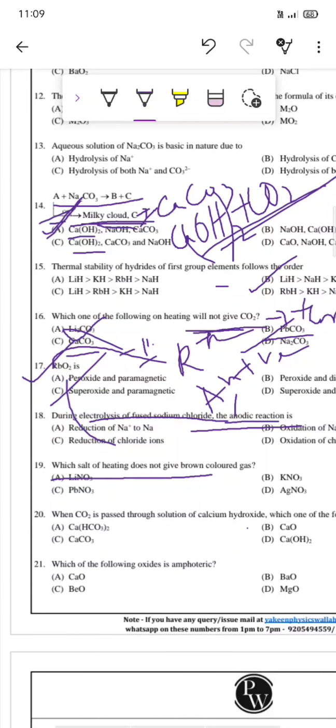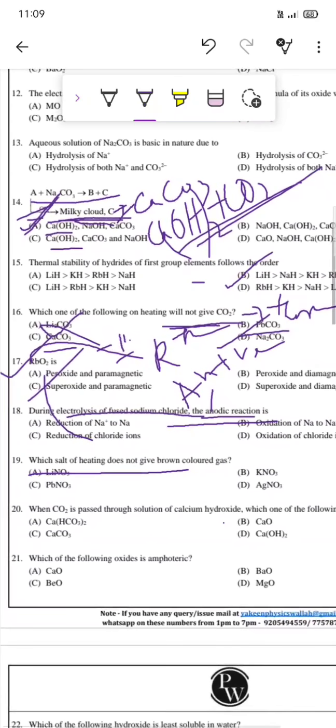Beryllium and magnesium do not give a flame test. Now here, I don't know this answer, so I am referring to the solution. You can also refer to question number 9. So the answer is B, because it does not give brown colored gas.